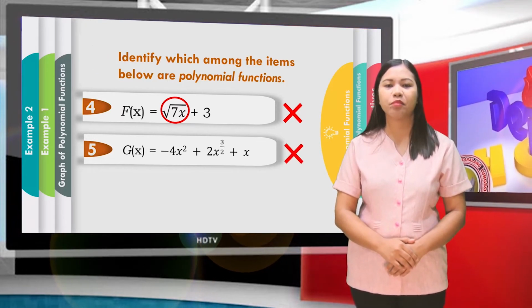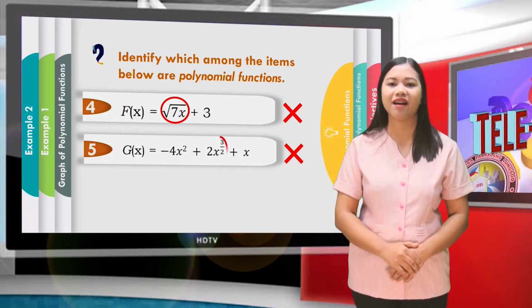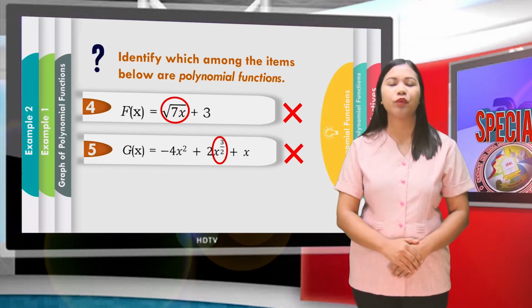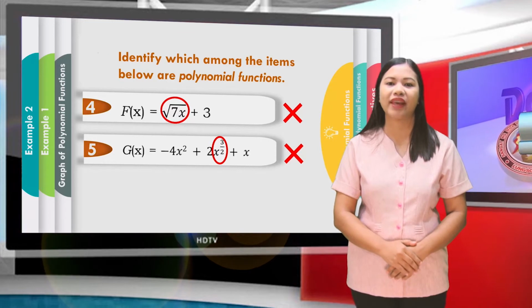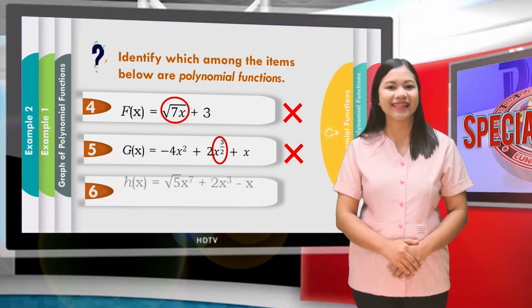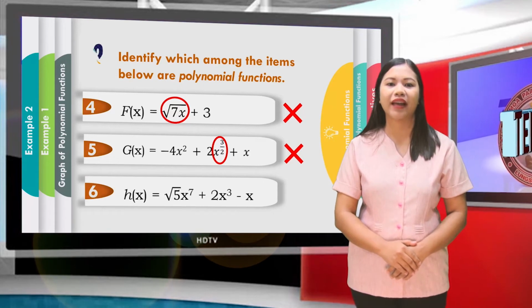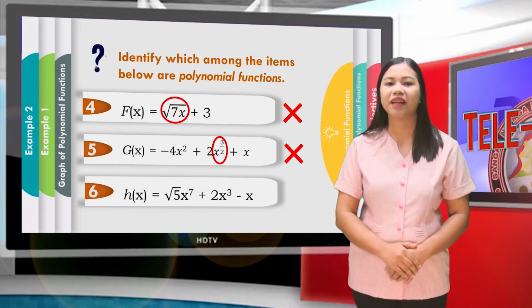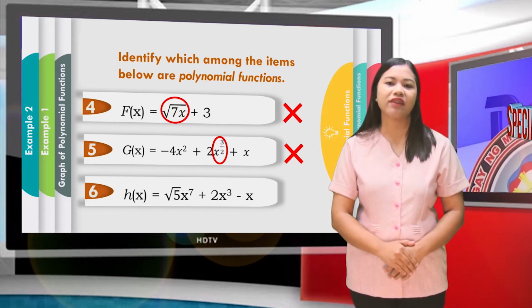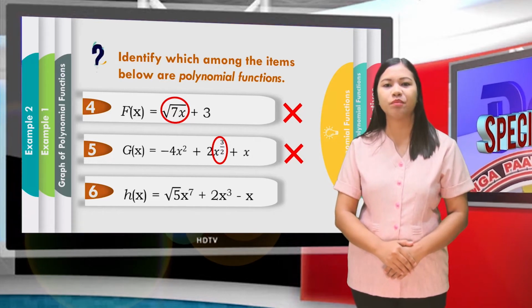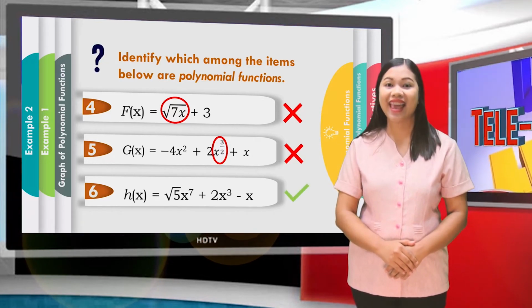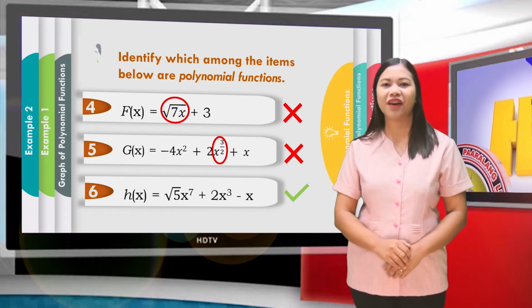It is not a polynomial function because it has a variable with fractional exponent. Number 6, h(x) = square root of 5 times x^7 + 2x^3 - x. Yes, it is a polynomial function.